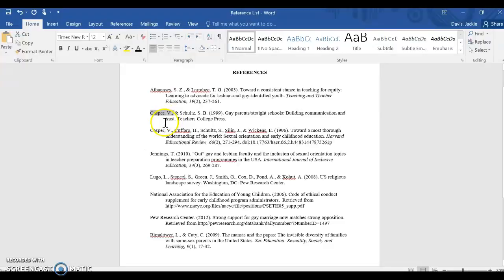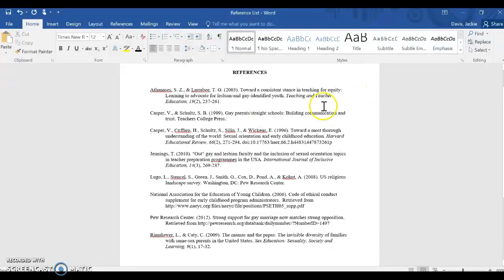So if the article provides a first initial, you list it. If they provide a first and middle initial, you also list that. After the author's name, which ends with a period, then you will, within parentheses, list the year that the article was published. Again, close your parentheses and follow that by a period.